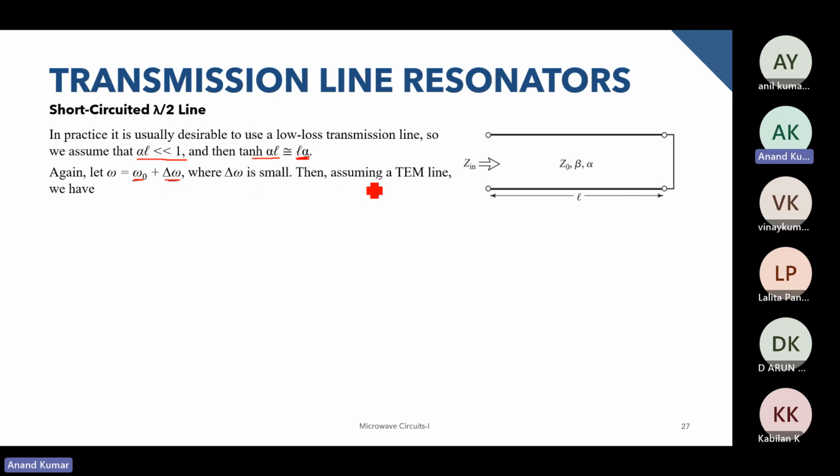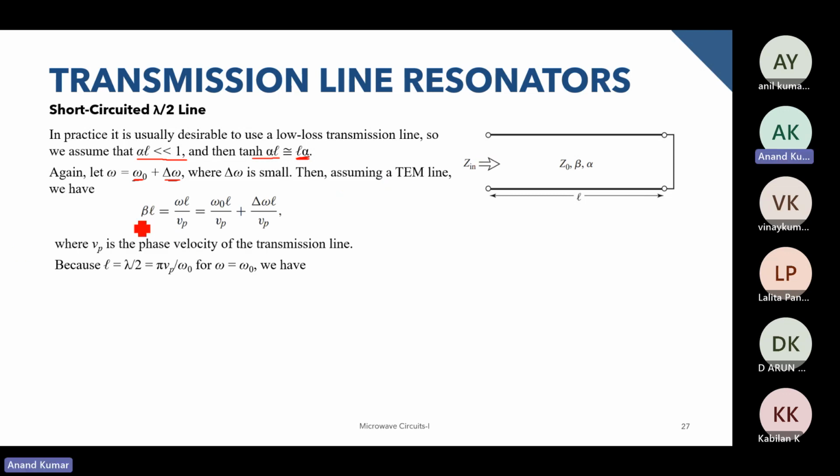We can write beta L as omega L by Vp, and then substituting omega by omega naught plus delta omega, we have this expression. Vp is the phase velocity of the transmission line, and since this length is lambda by 2, this is the lambda by 2 short circuited line, and we can write L as pi Vp by omega naught.